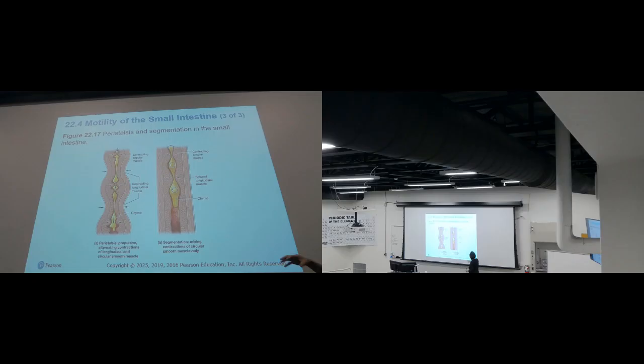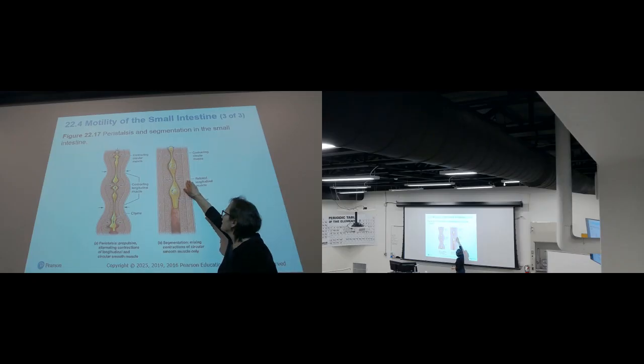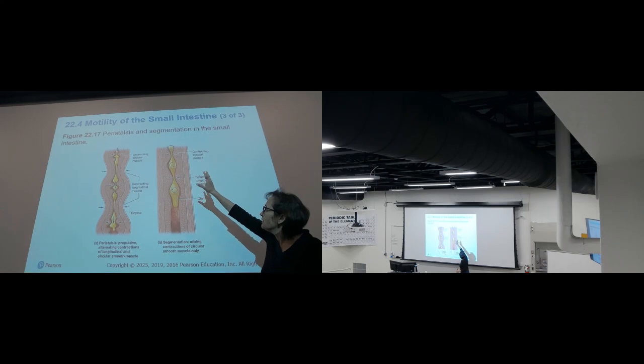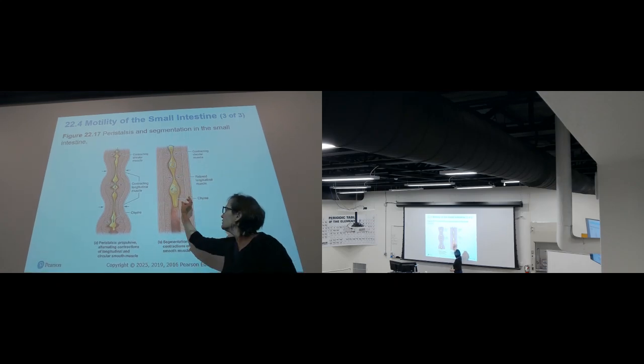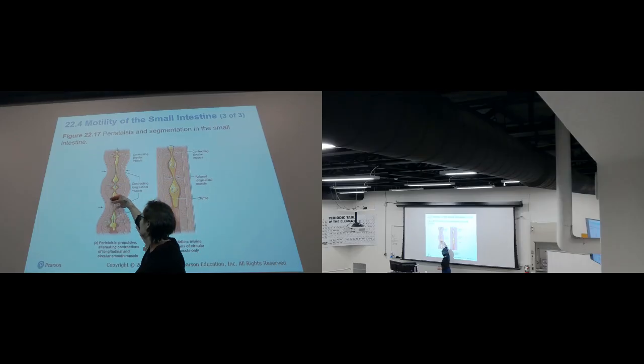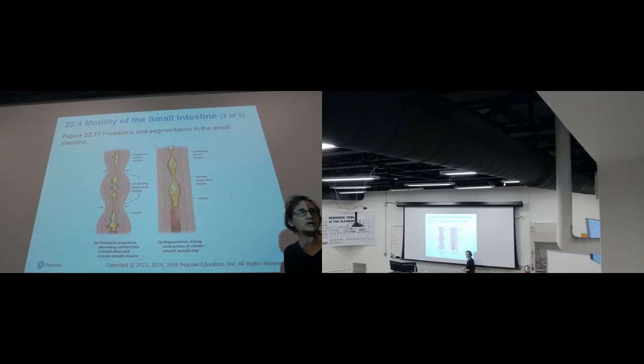In segmentation, basically you have a relaxed longitudinal muscle, and then your circular layer clips the food, and then once you do that, you start doing this peristalsis with propulsive movement so you can thin out the food and then you can digest better.